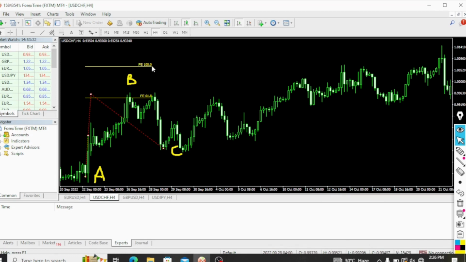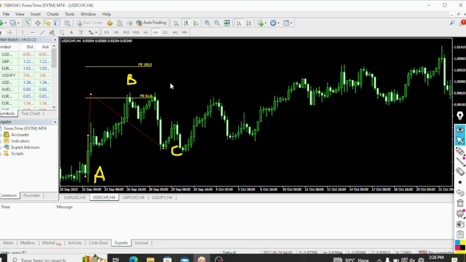All right, so that is our first target, and our second target is extension 161.8, which is still further up. If I move it a little, you will be able to see it is further up. Just this line is hiding it. If you minimize your chart, you'll be seeing 161.8. It's going to be around here.